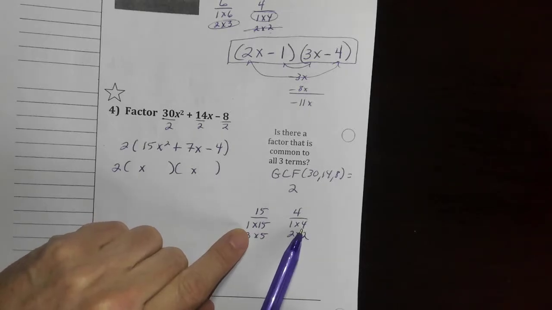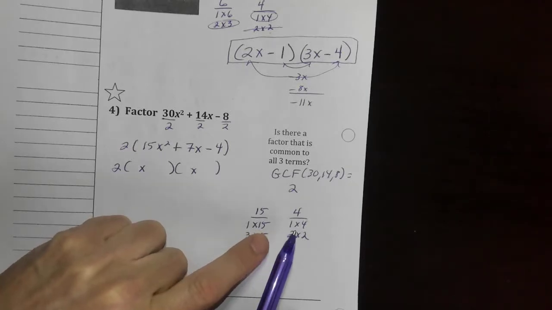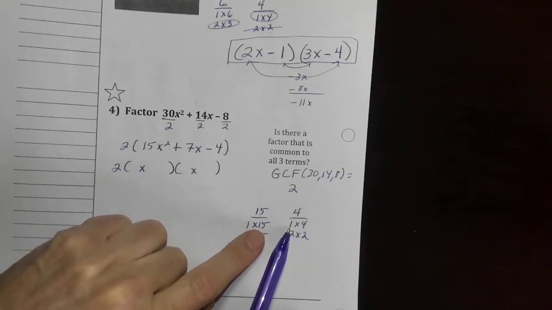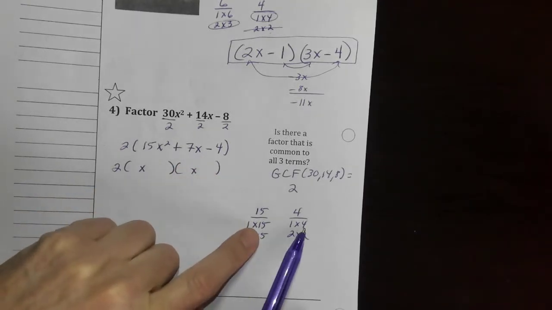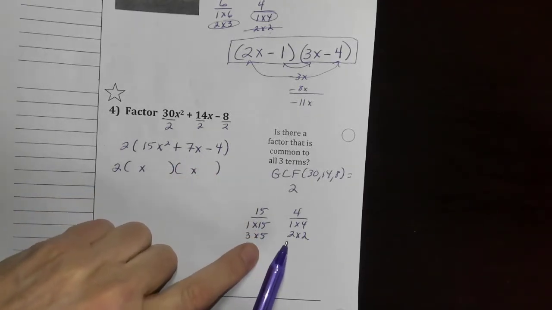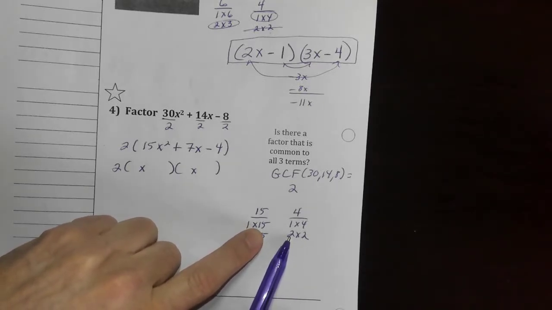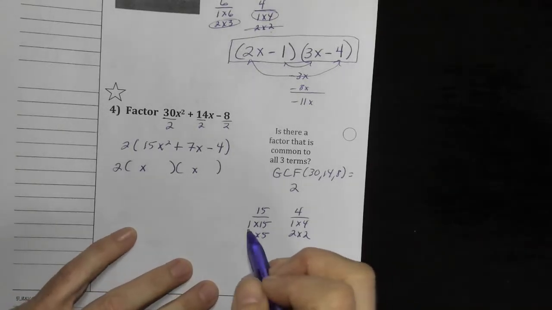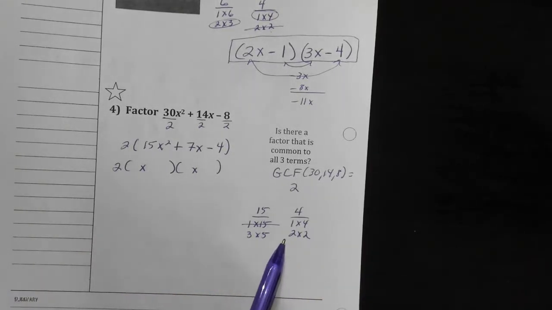If I take the outsides, I get a 4x, and the insides is a 15x. There is no way to take a 4x and a 15x and end up with a 7x for the middle. So that's out. 2x and 30x, that's way out. So this one is not in the running because I've checked it against both of my factor pairs of 4.